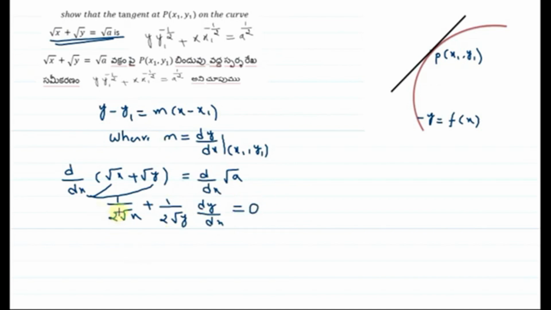So multiplying both sides by 2, these 2s cancel, and we get dy by dx equal to minus root y by root x.